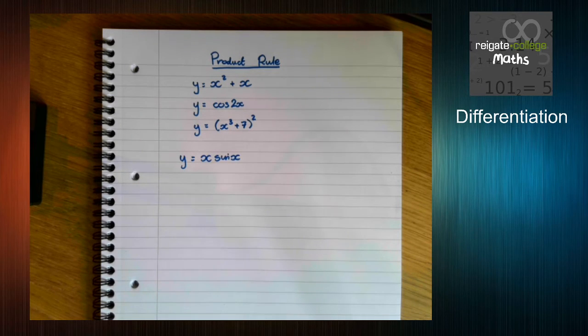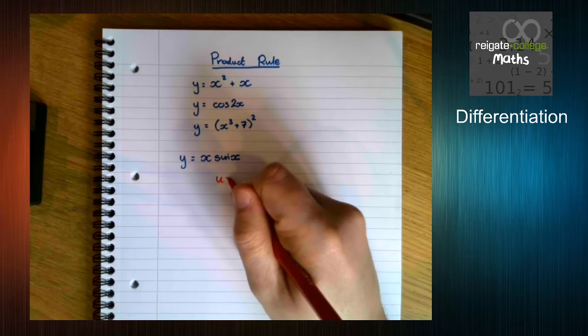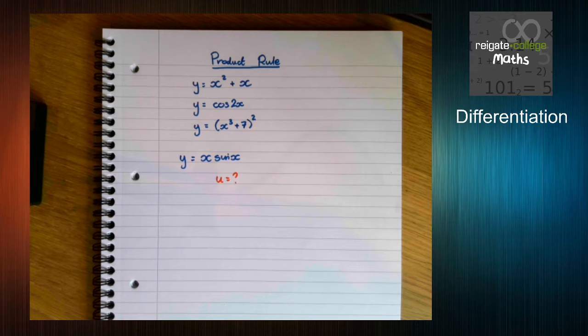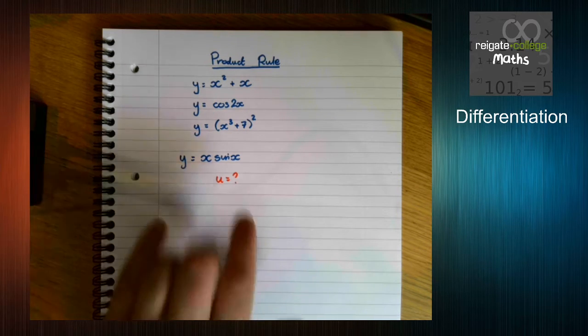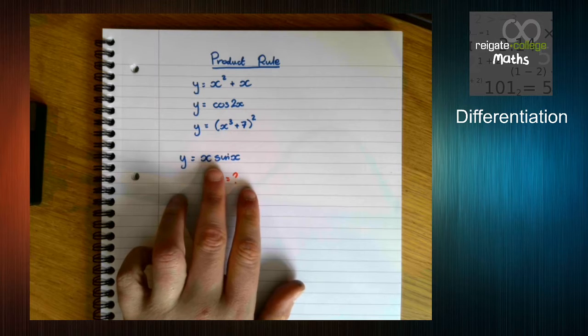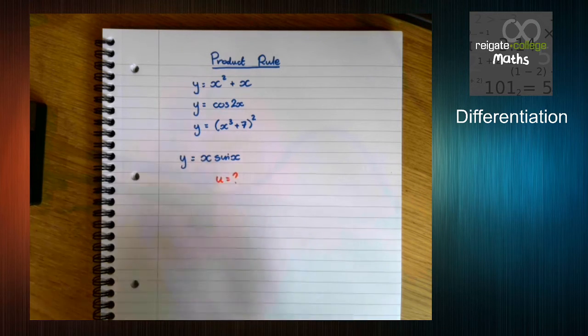We can't use the chain rule because what would u equal? There's no way to substitute in another function, another letter, and remove the fact that this is two functions times together.